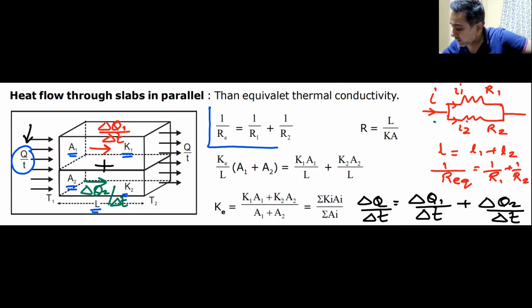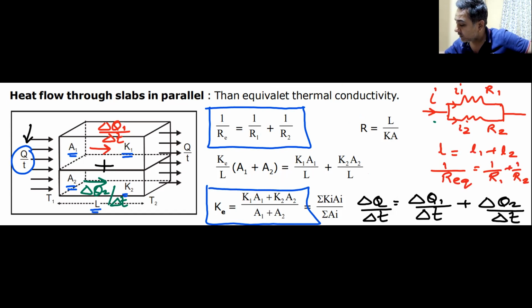Then they have found out the formula for equivalent conductivity, which looks like summation of Ki Ai divided by summation of Ai. That means K1 A1 plus K2 A2 plus K3 A3 and so on, divided by A1 plus A2 plus A3. Do we understand this?